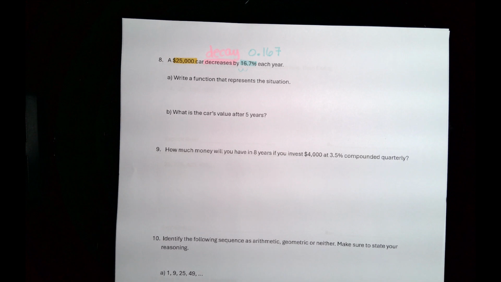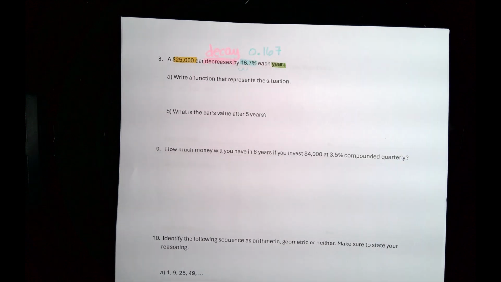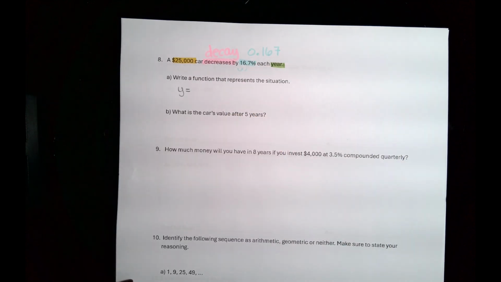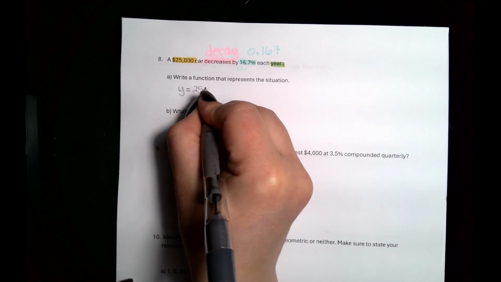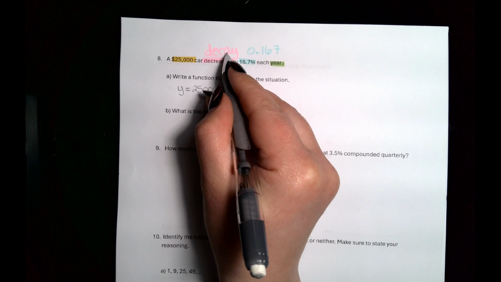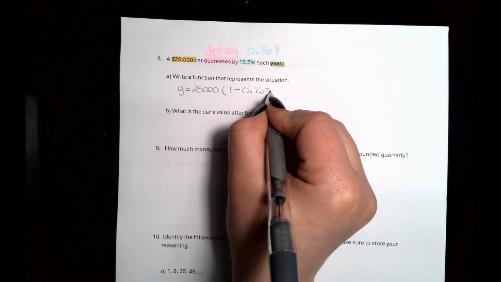And they are telling us that we are having a rate in years. So let's write a decaying function. We start out with a $25,000 vehicle. 1 minus, because we have a decay, our rate is 0.167.